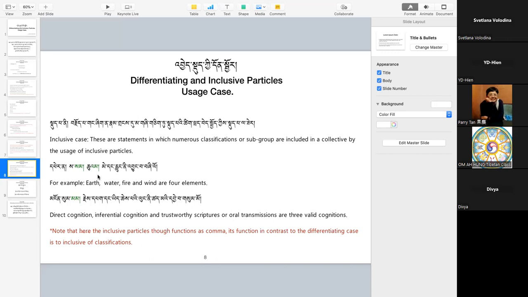It can also come after a sentence, after a paragraph, after the end of an entire book or a chapter, but it can also be used after the end of a narration or a statement.